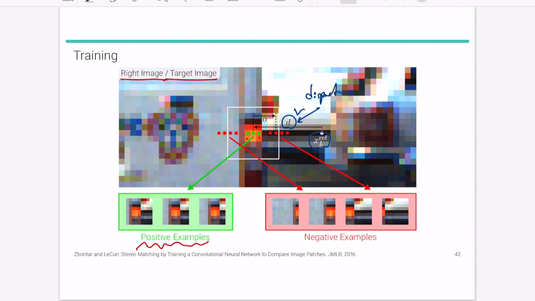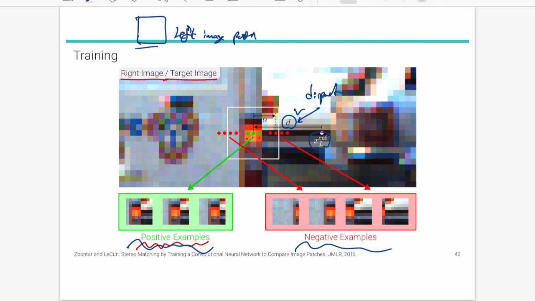So by considering the corresponding patches in the left image, for example, the left image patch and one of the positive examples and one of the negative examples can be defined as one training example.